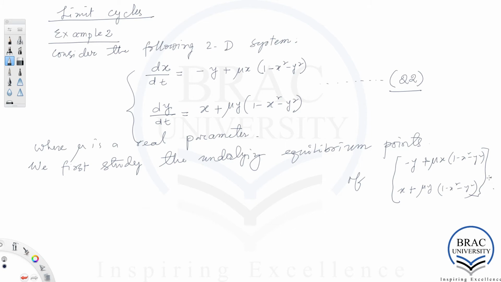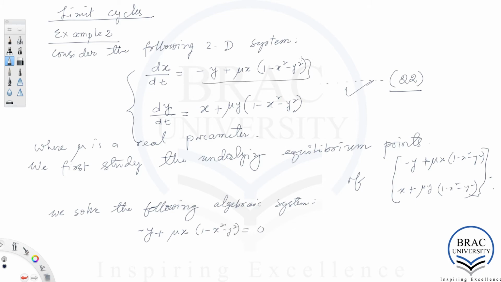Okay. So to find the equilibrium points of this system, we solve the following algebraic system. Minus y plus mu x times 1 minus x squared minus y squared is equal to 0.